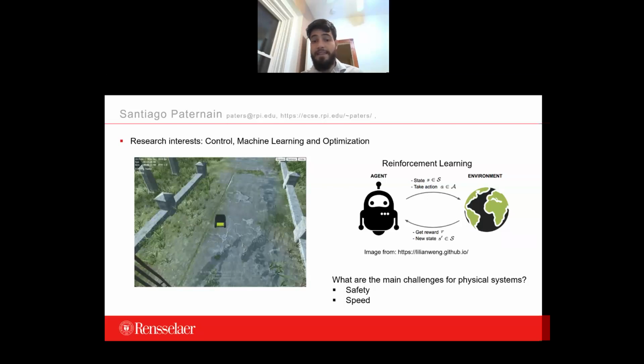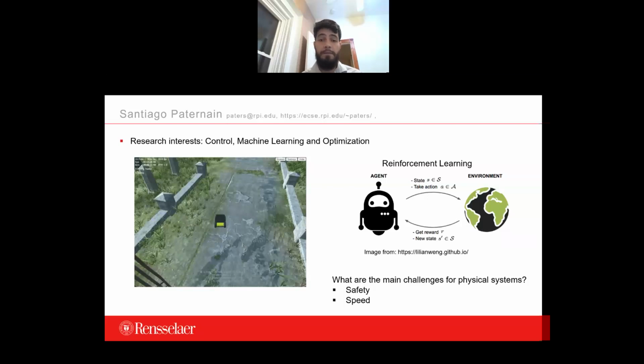So this framework has been, as I said, extremely successful, but mainly in simulated environments. There are two main challenges that appear when we try to move from simulation to real physical systems, which is what we are mainly interested in when we think about control problems. And these issues are, first of all, safety. In simulations, it doesn't matter if we fail catastrophically.